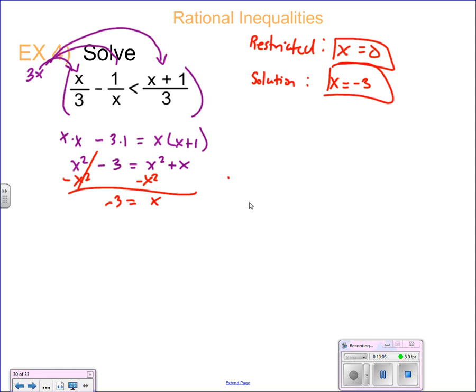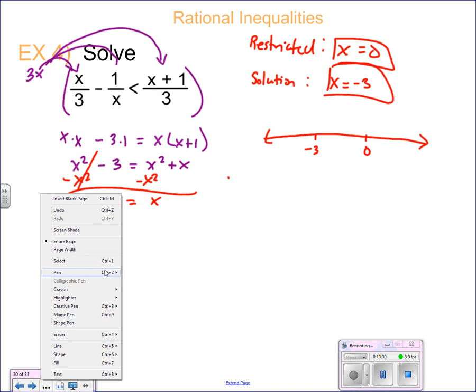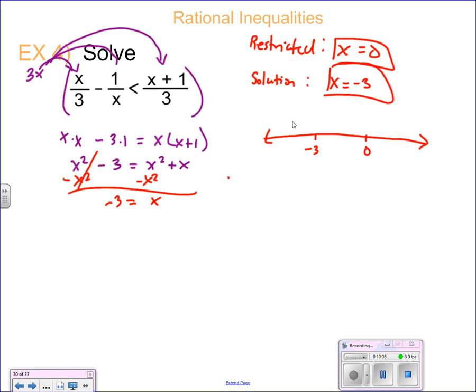Now we're going to make a number line, where we're going to have 0 and negative 3 on there. And then we're going to find numbers on either side of these particular numbers. A number to the left of negative 3 is negative 4. A number between negative 3 and 0 is negative 1.